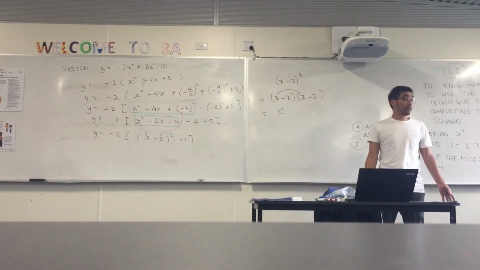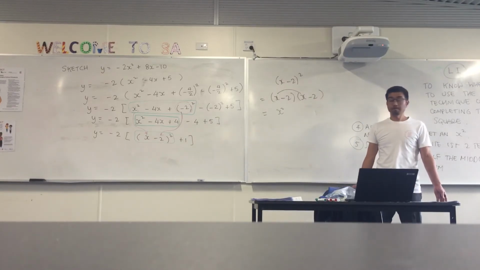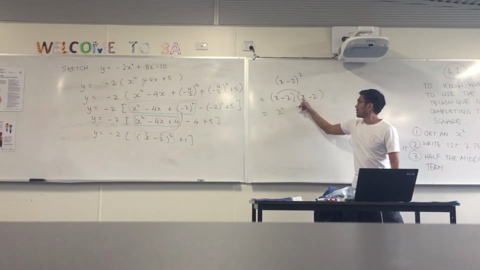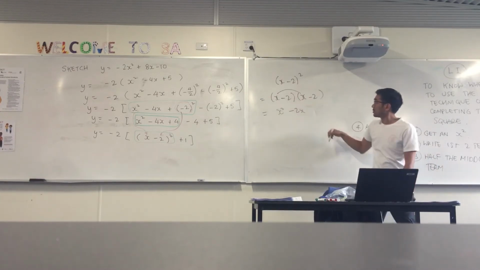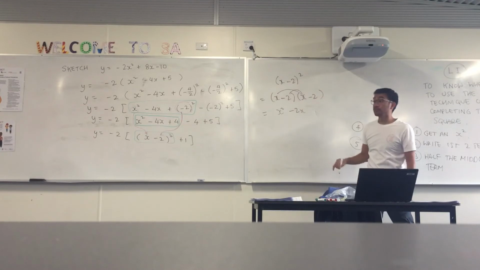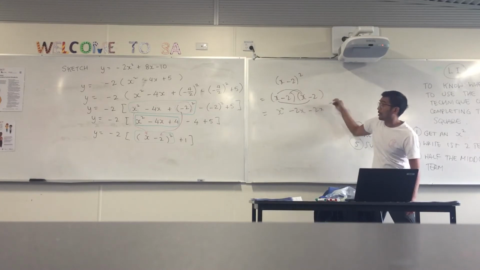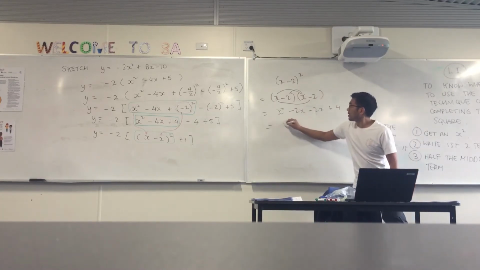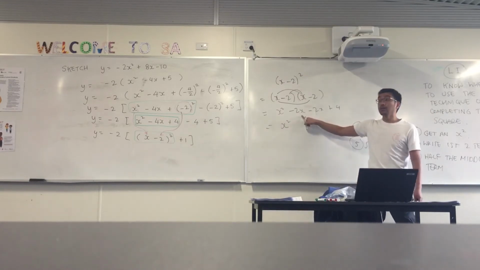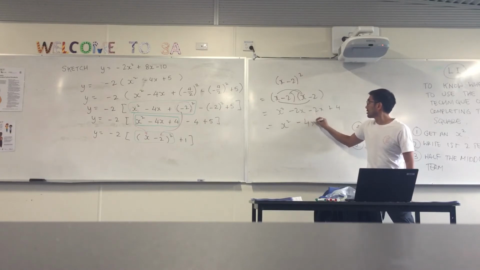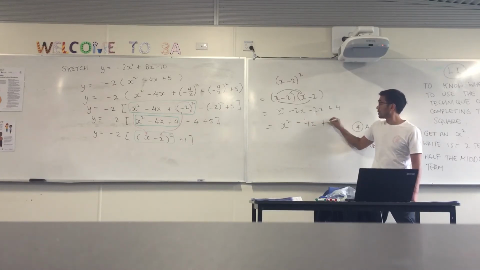What else do we multiply? Negative 2x. What else do we do? Another negative 2x. And what's the last positive thing? Plus 4. If I clean that up, x squared, the negative 2x and negative 2x make negative 4x, plus 4.